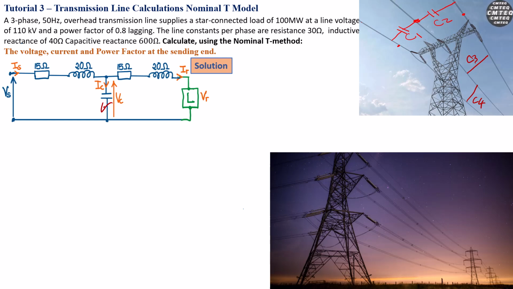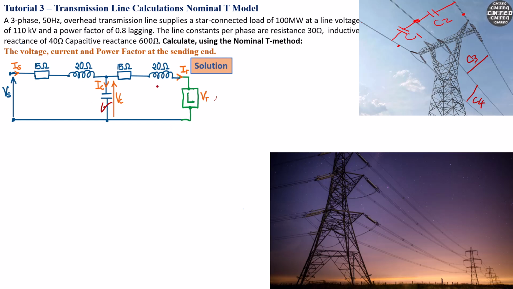This is a mathematical simplification to allow us to calculate the voltage drop across the line and find the sending end current as well as the receiving end current and whatever parameter you want to work out in this transmission line model. Great. Now, having said that, I hope you now have the necessary background on where this nominal T model is coming from. Now let's start solving this problem.